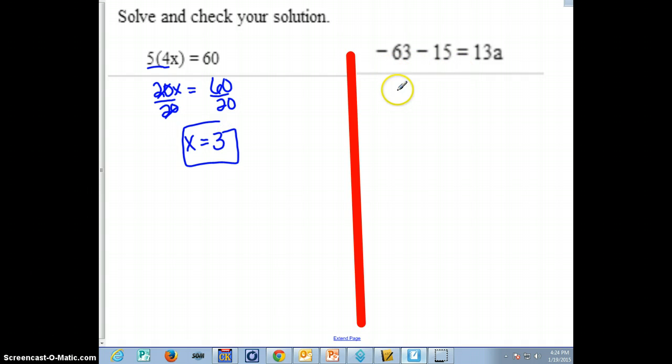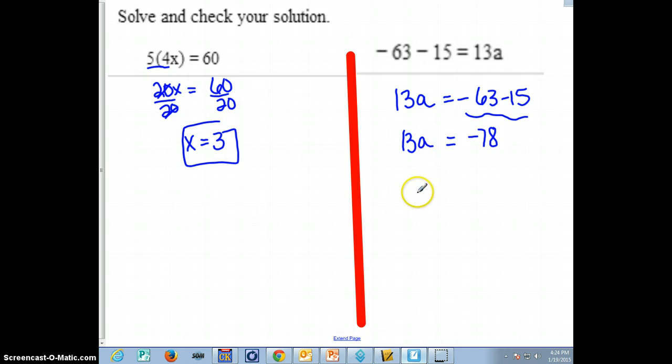On this one, I would probably flip it around so the letter comes first. These two together, if I put them together, would give me negative 78. Divide both sides by 13.